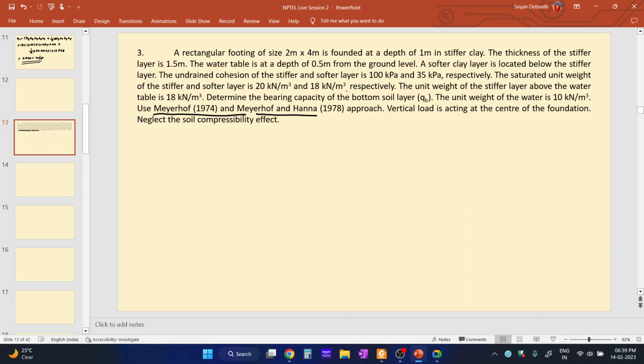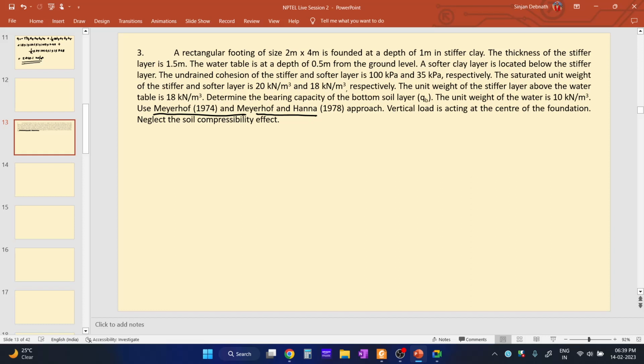In this approach, the shallow foundation is founded upon a layered soil. That means two layers are there, one above another, and on the top layer the foundation is founded. And in order to find out the ultimate bearing capacity for the whole system, that is the two layered system, we use this approach.